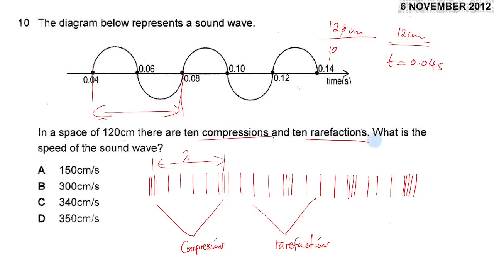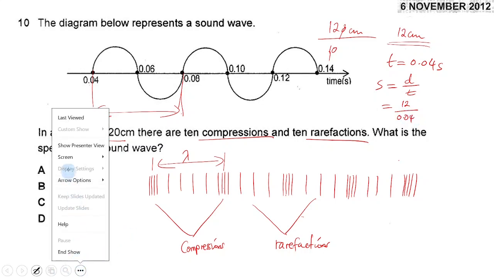Now the question is asking what is the speed of the sound wave. So speed is equal to distance, or wavelength, over time. The distance is 12, divided by 0.04.